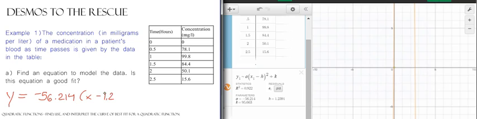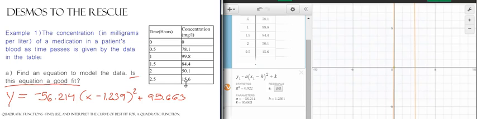So I'll say 1.239, because again I can round to the thousandths place, squared, and then k is 95.663, so plus 95.663. And that's all there is to finding that equation, nothing harder than that. The more tricky part is this second question: is this equation a good fit?